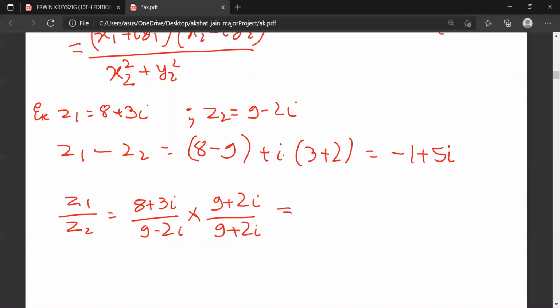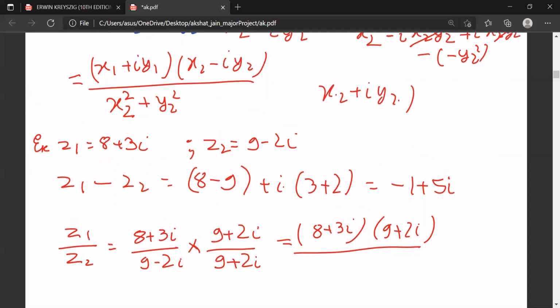Then we get 8 plus 3 iota into 9 plus 2 iota divided by, when we multiply x2 plus iota y2 by x2 minus iota y2 with the sign changed, we get x2 square plus y2 square.